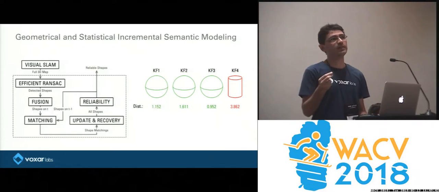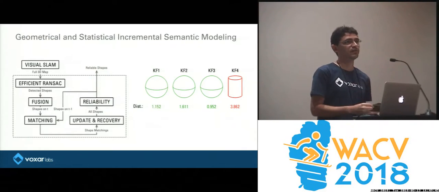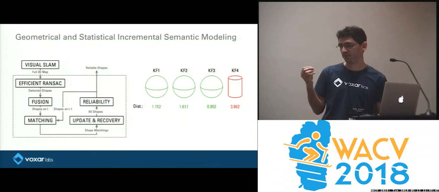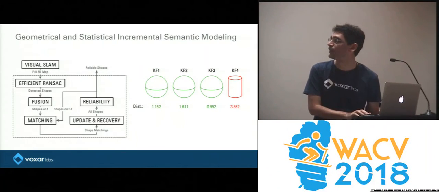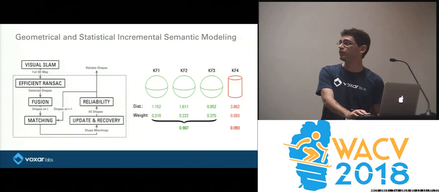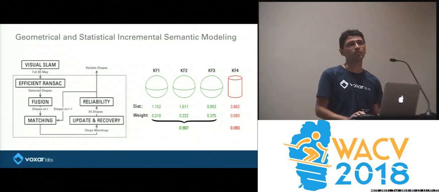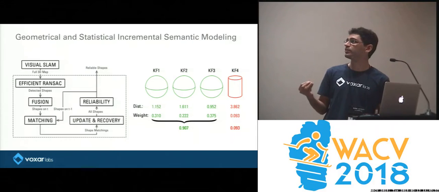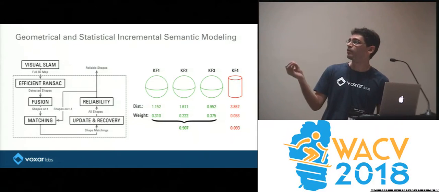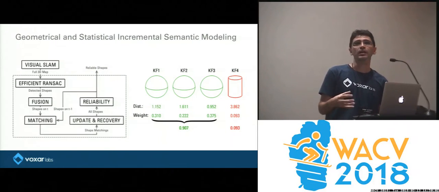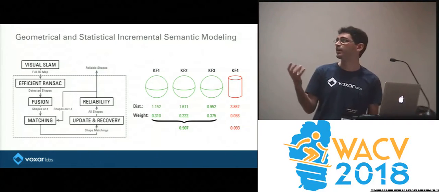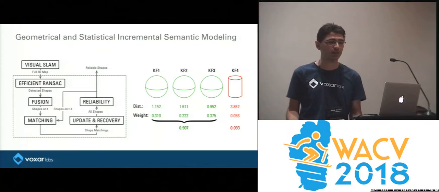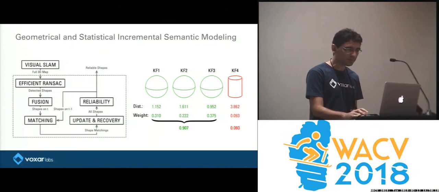For correct detections, the average distance is much lower than for the incorrect ones. We use the distance to compute a weight for each detection, and based on that weight, we can see that the probability of this globe being a sphere is 10 times higher than a cylinder.